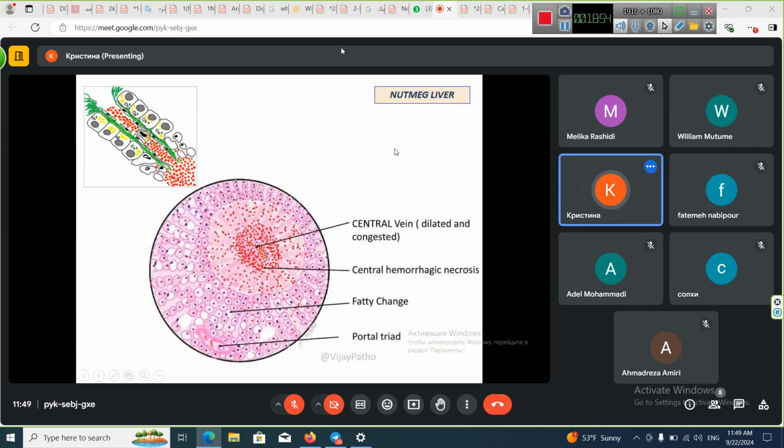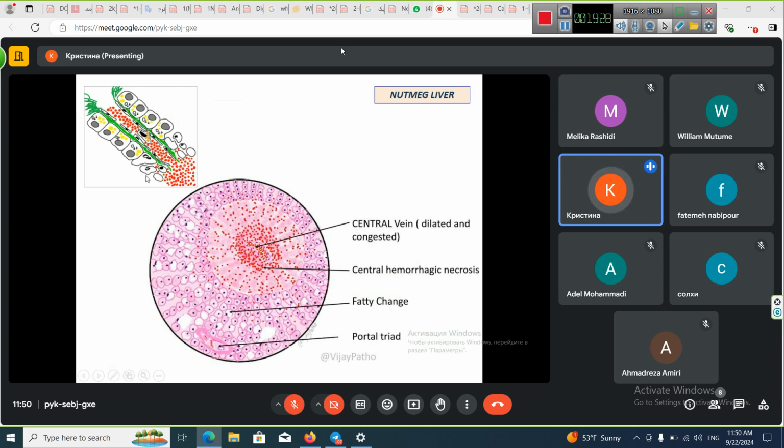In the center of the lobule of the liver, we have the central vein, which is dilated and congested. Dilated means that its diameter is increased, and congested means that the red blood cells are stuck. They just stay here and do not flow anywhere. Next, we have the area of central hemorrhagic necrosis.